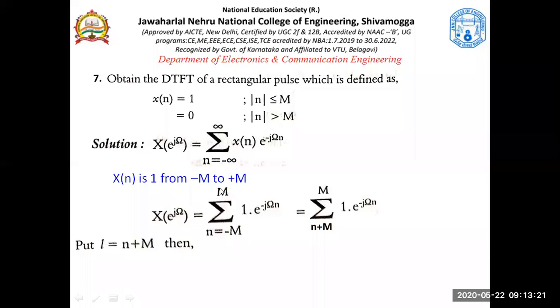This upper limit is also being shifted by m times to the right. Understand that this n is being shifted to the right by plus m times. That means this would become 2m.